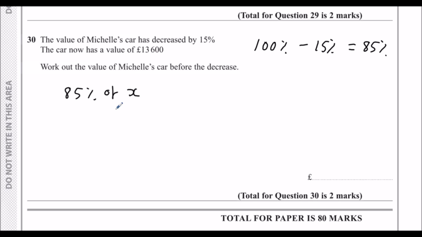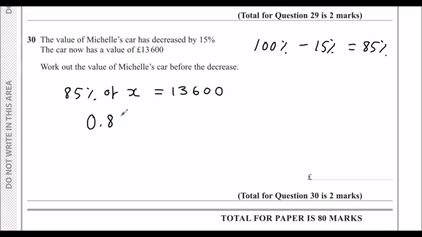85% of x is equal to £13,600. So 85% of what number is £13,600? So I could write 85% as 0.85 and of means times.